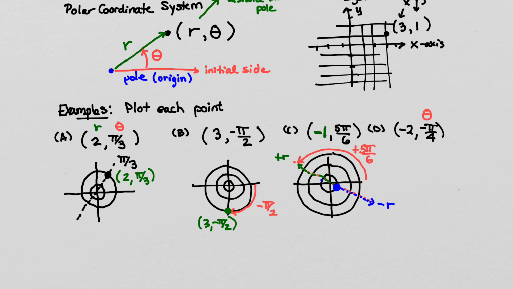But because your r value is negative, make sure you go to the opposite side. What quadrant did you wind up in?